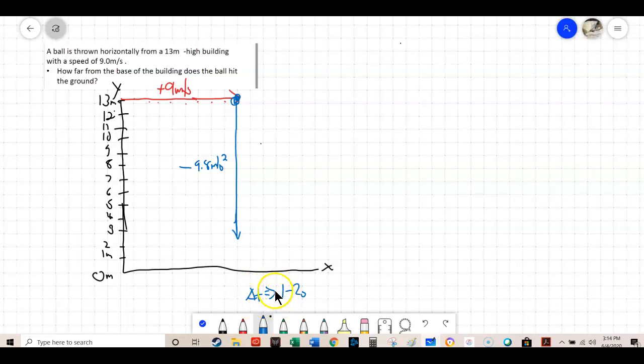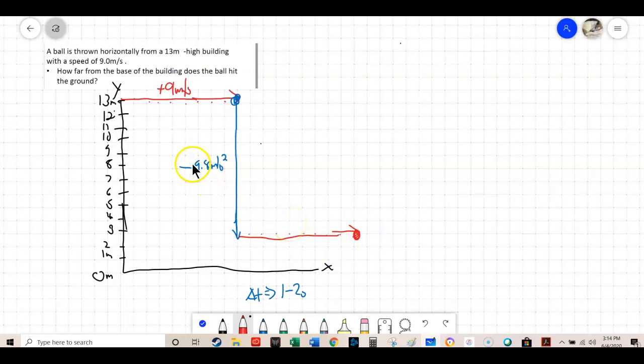I'm estimating delta t to be 1 to 2 seconds. If it has a constant horizontal velocity, that's 1, 2, 3, 4, 5, 6, 7, 8, 9, it's going to be over here at this point.